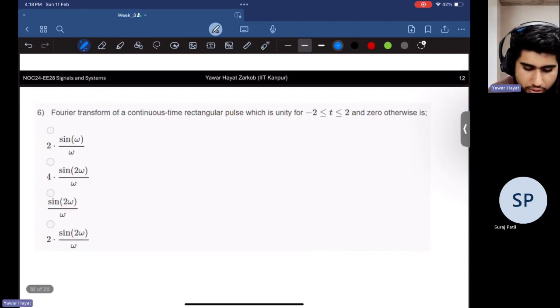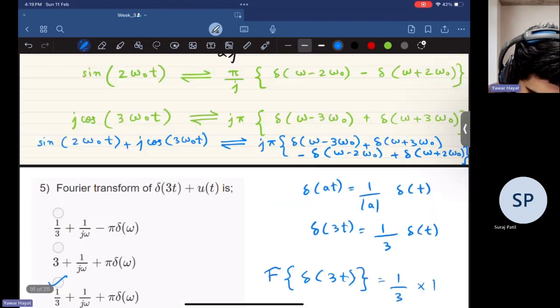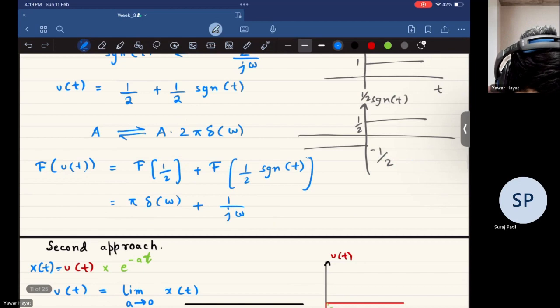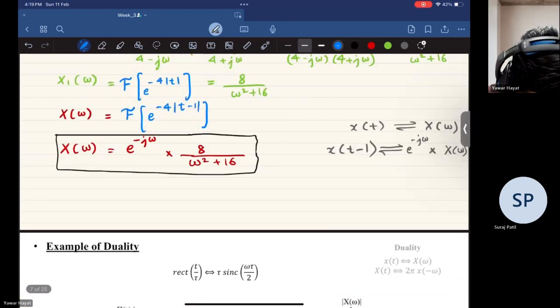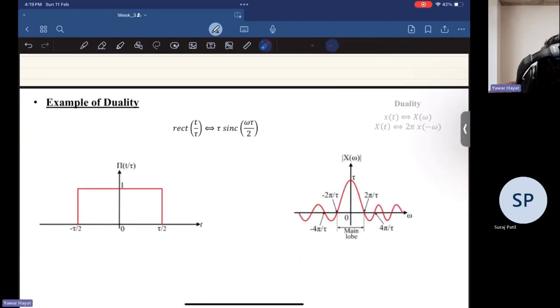The Fourier transform of a continuous time rectangular pulse, which is unity for minus 2 less than or equal to t less than or equal to 2 and 0 otherwise, is which of the following? So remember this definition, how we had defined our rect of t by tau.